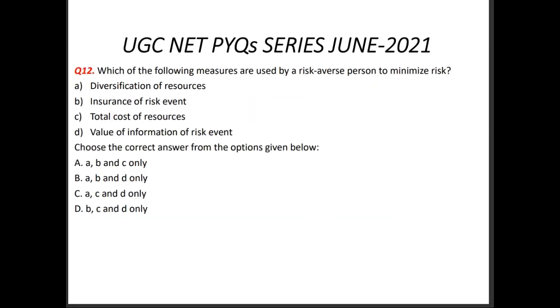Next question. Which of the following measures are used by a risk averse person to minimize risk? Diversification of resources.